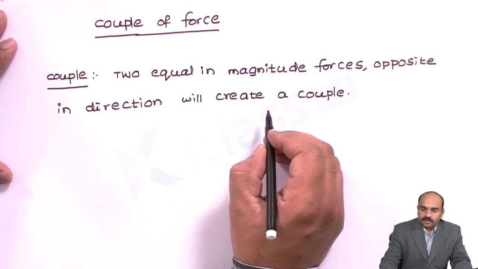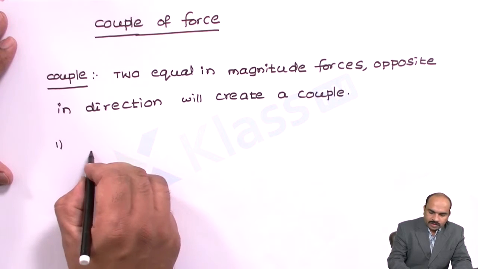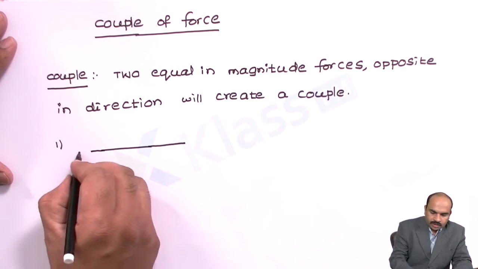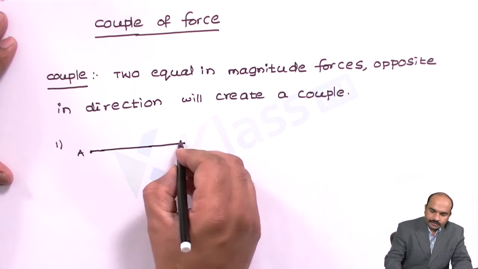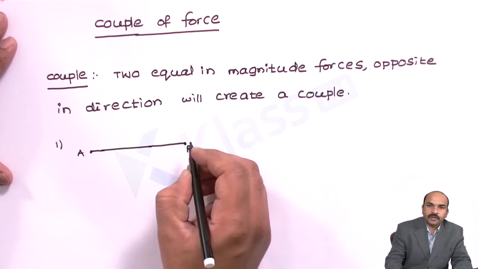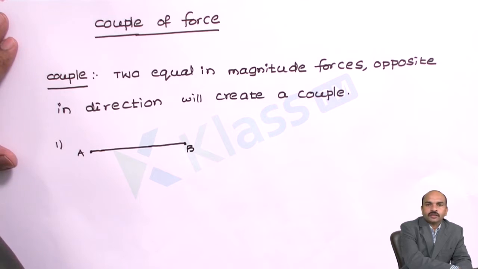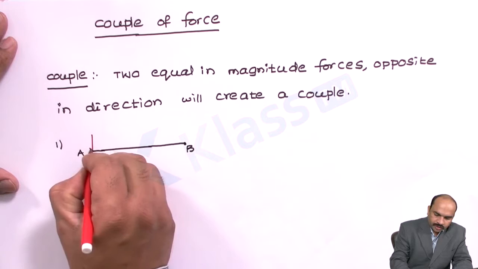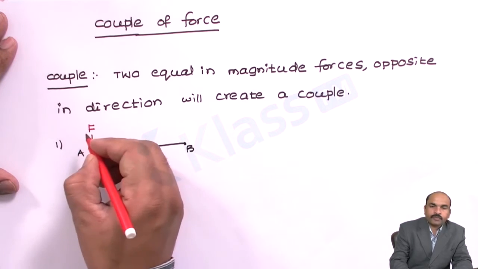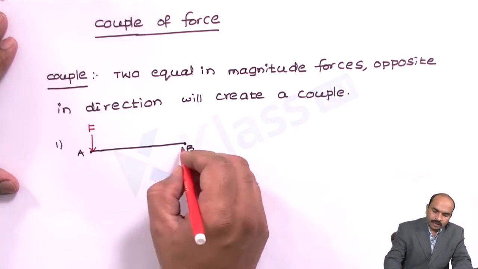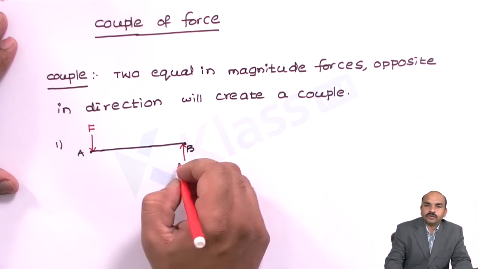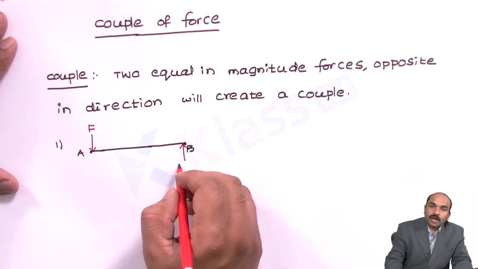So let us study this couple with the help of a simple diagram. Let us take an object or a beam, let us say. Let this end point be A, this point be B. Let us say two forces are acting on the body. One is a downward force at point A and the other is a force of the same magnitude but opposite in direction.